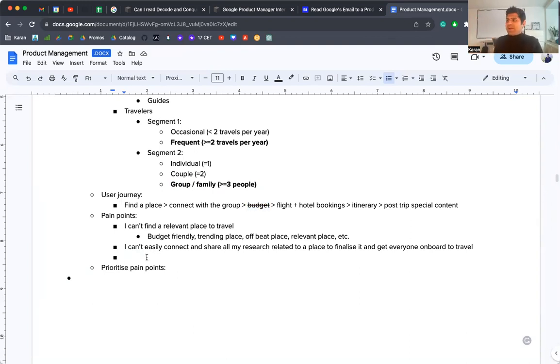Then there is obviously flight plus hotel bookings. Depending upon the budget, or depending upon reviews and value for money, I obviously need flights plus hotel, and it should be dependent on location as well as where I want to travel. So the itinerary and hotel booking should technically go hand in hand, just because I want a very easy travel. So I think this is also something that we can think of.